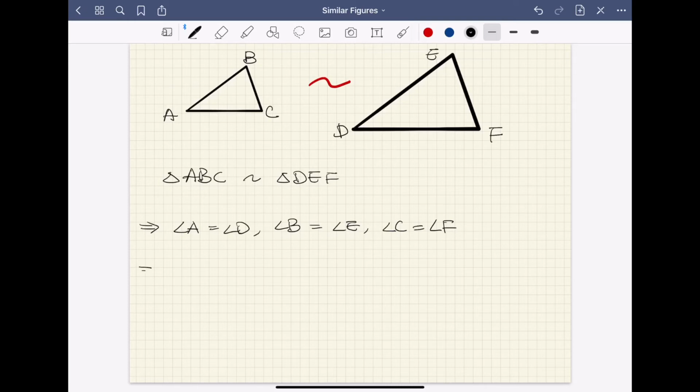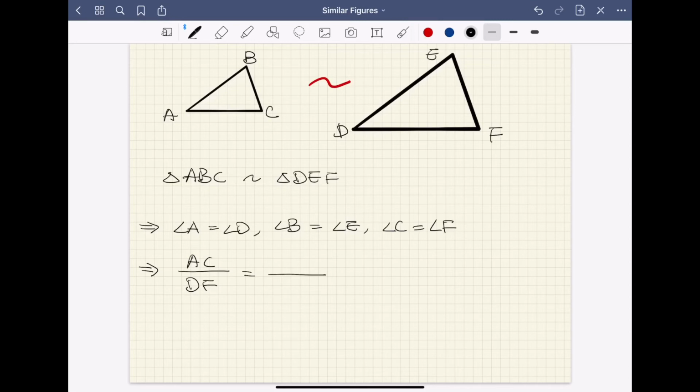And we have a second part, that is the corresponding sides are proportional, right? So we know the corresponding side for AC is DF. So AC over DF will be equal to the other two ratios of the corresponding sides.